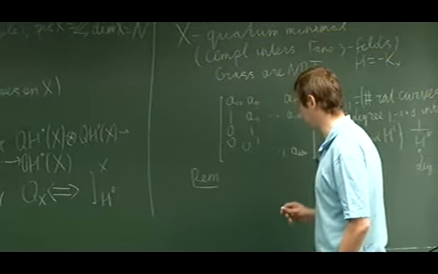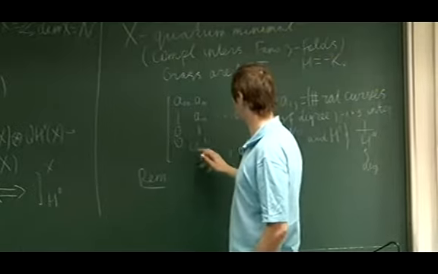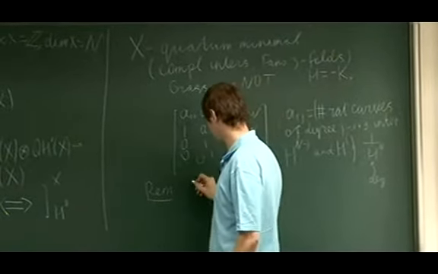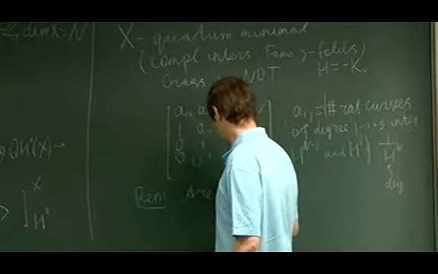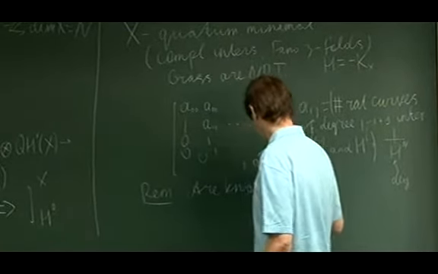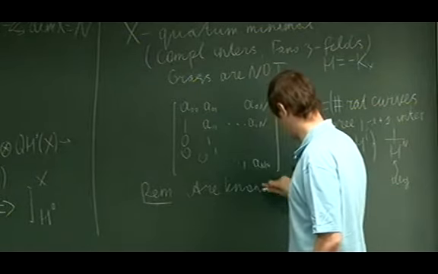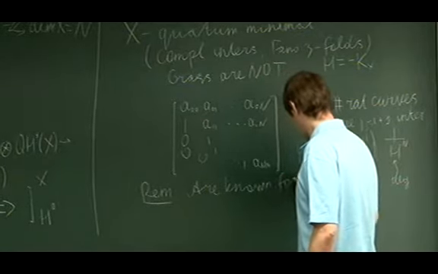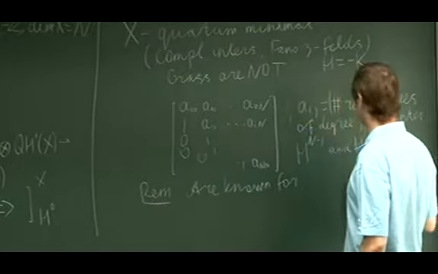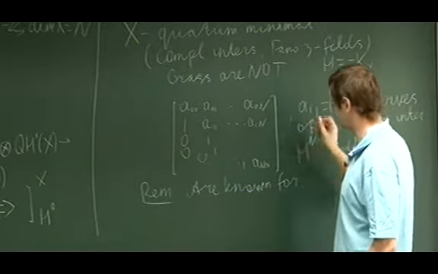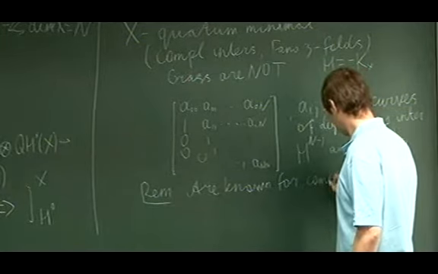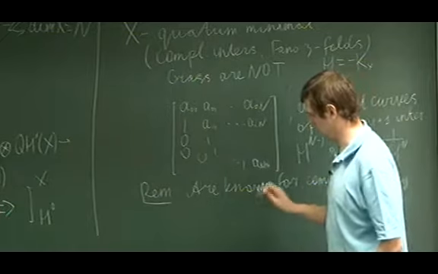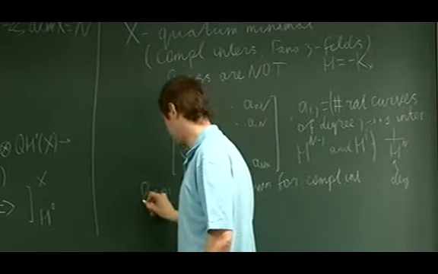All of these are known for these matrices or quantum D-modules for complete intersections in toric varieties or projective spaces.